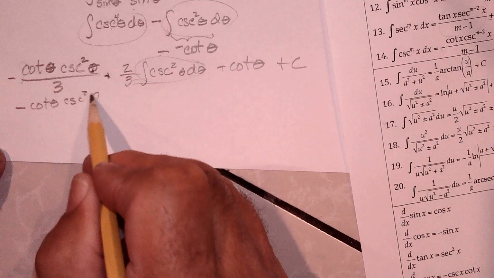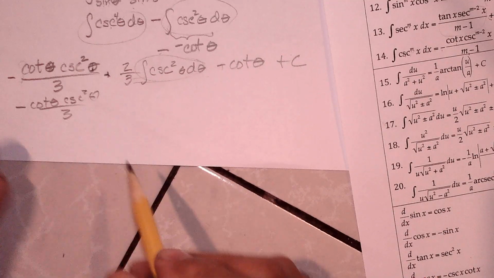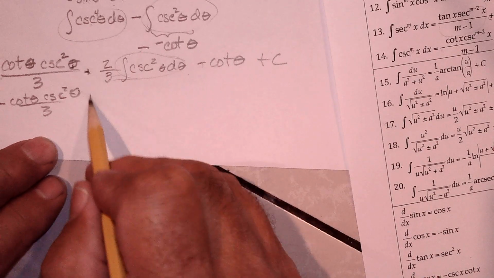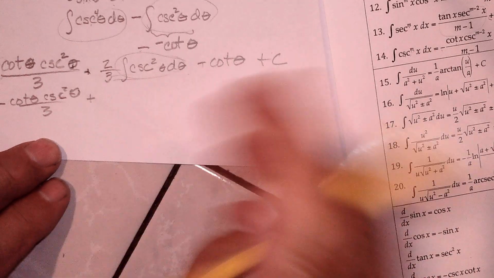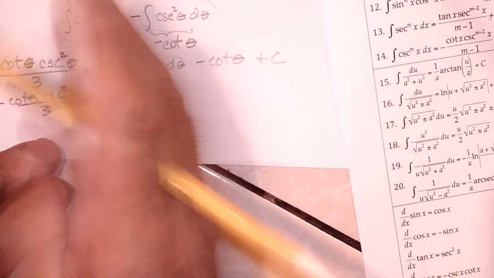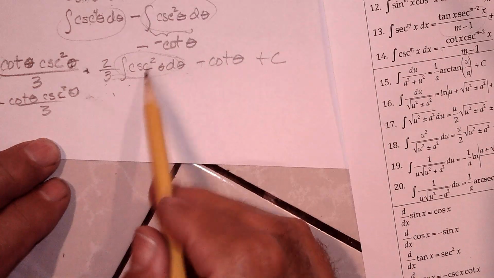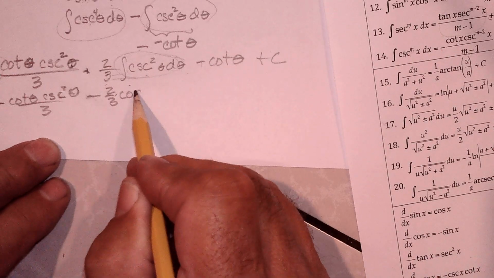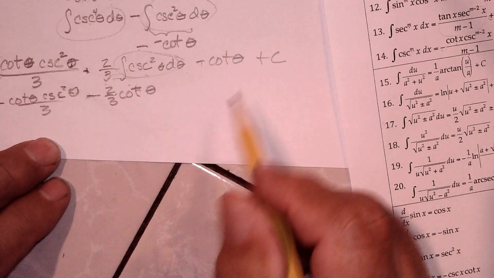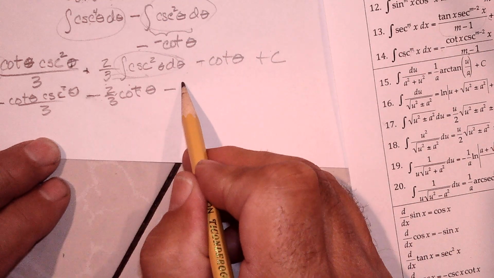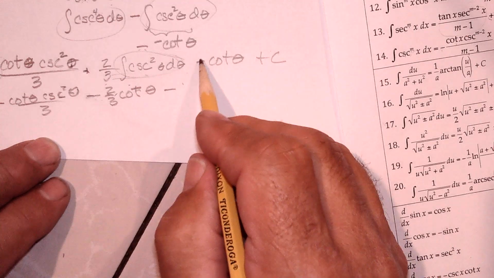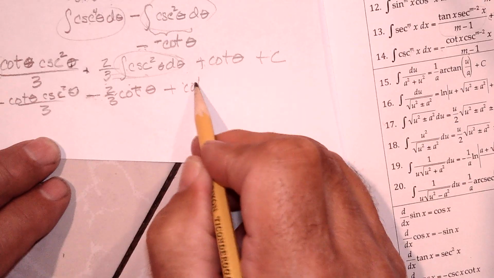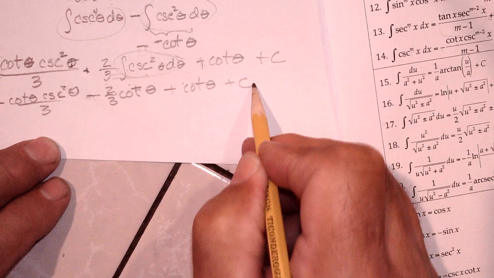cosecant squared theta over 3 plus, actually, minus, because this is going to be negative cotangent, minus 2/3 cotangent theta minus a plus, minus minus plus a cotangent theta plus c.